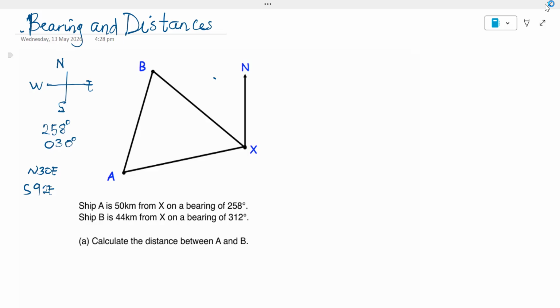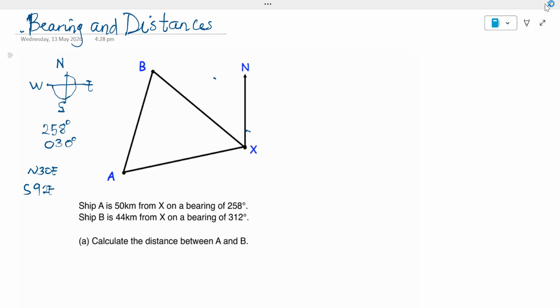Now this is X. Note that from X is coming from X, right? So our bearing begins from the north pole, right? So 258 degrees. So note that this is the first quadrant, 90 degrees, second 180 degrees through 270 degrees, and between 270 and 360 degrees is in the fourth quadrant.